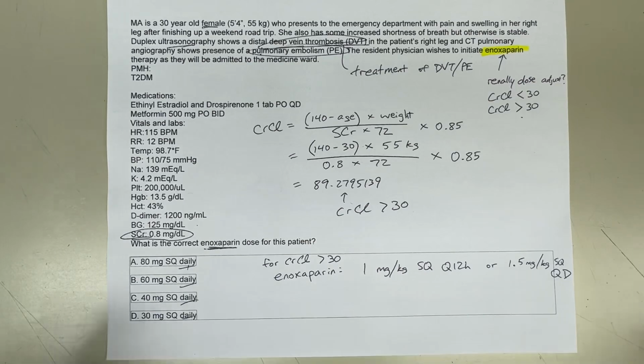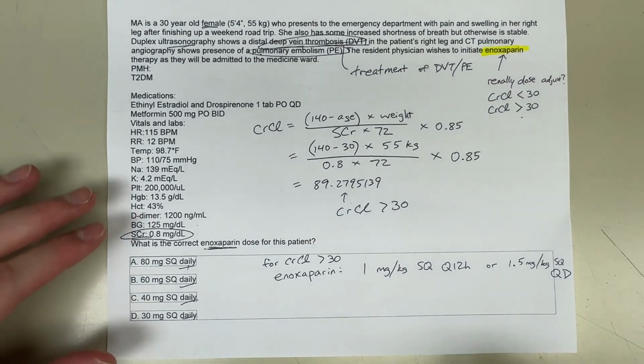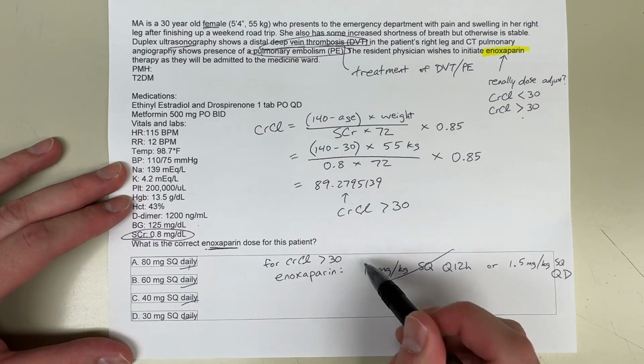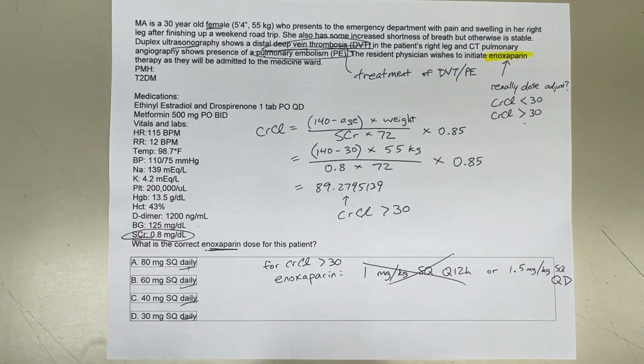Could be either one of those two. But you saw in the answer choices, they're all daily, right? So you could just skip this one because it's not a every 12-hour dose. You have to give a daily dose because the answer choices are all daily.